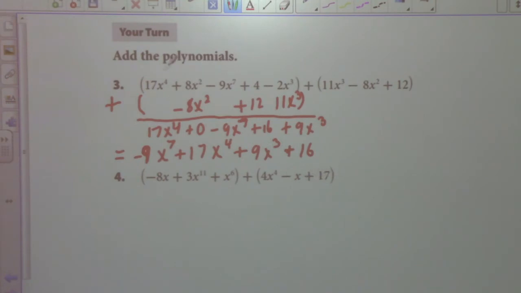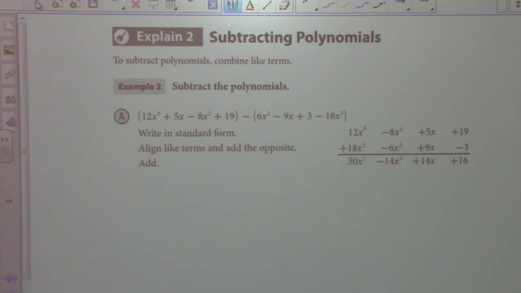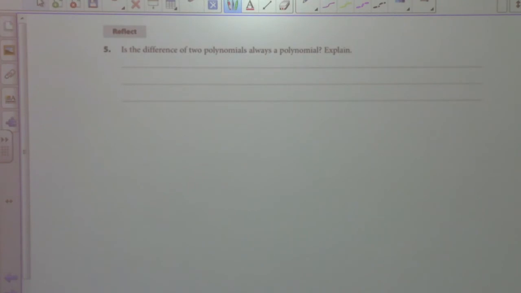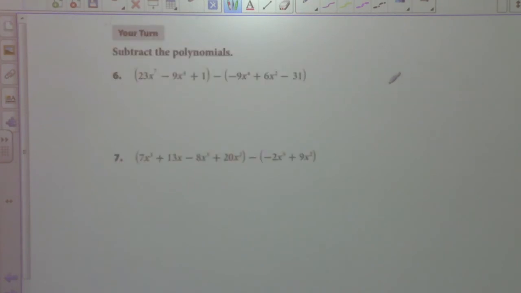Let me give you another one here. We're going to go right over into subtracting polynomials. I'm going to get over right to this, your turn, subtract the polynomials. So for this one, it presents some more challenges than just adding polynomials, because with subtracting, it's easy to get the signs confused if you're not careful about it.